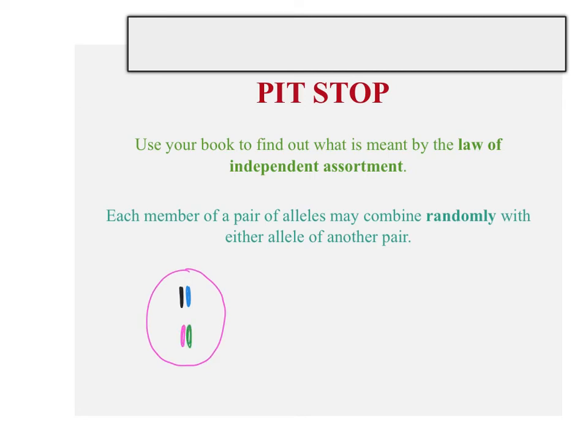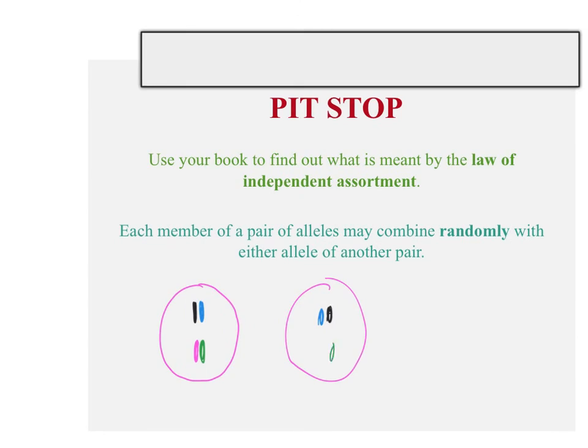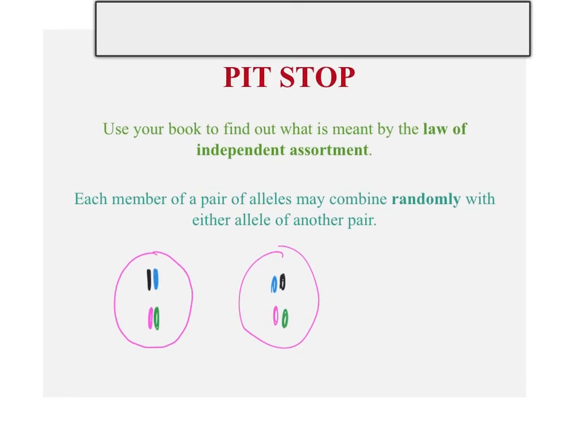Okay, those chromosomes could line up like that. Alternatively, they could line up like this. And they could stay like that, or they could rotate themselves around either direction.